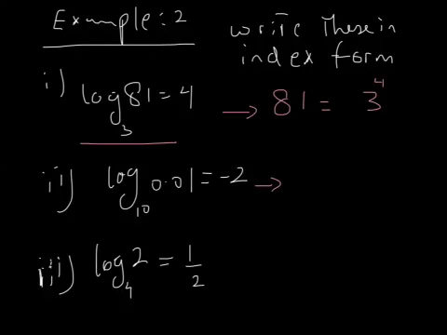But before we do this one, we need to remember that 0.01 is as well 10 to the power negative 2, as if 1 over 100. The last one, you can write 2 equal to 4 to the power half, as if you're saying the square root of 4 is equal to 2.